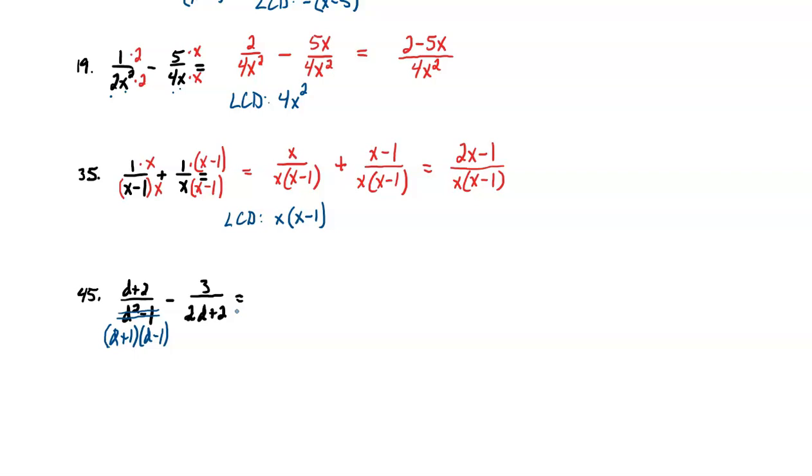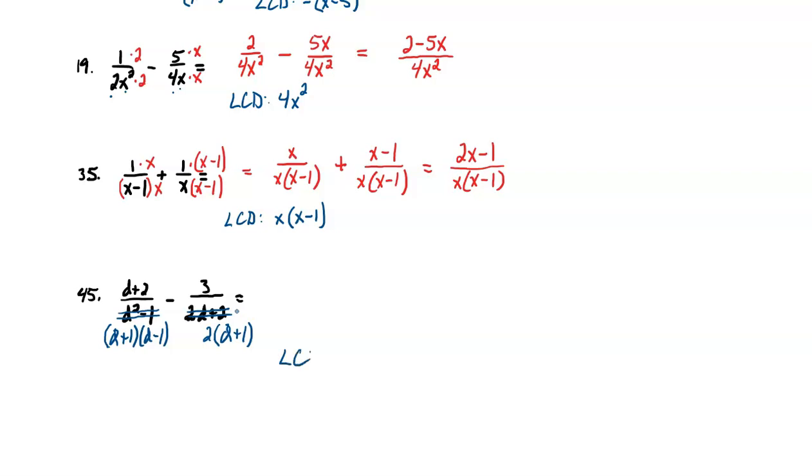Now in the other fraction, the denominator has a GCF of 2. So we can factor out a 2. Instead of using the denominator 2d plus 2, we'll use its factored form 2 times d plus 1.